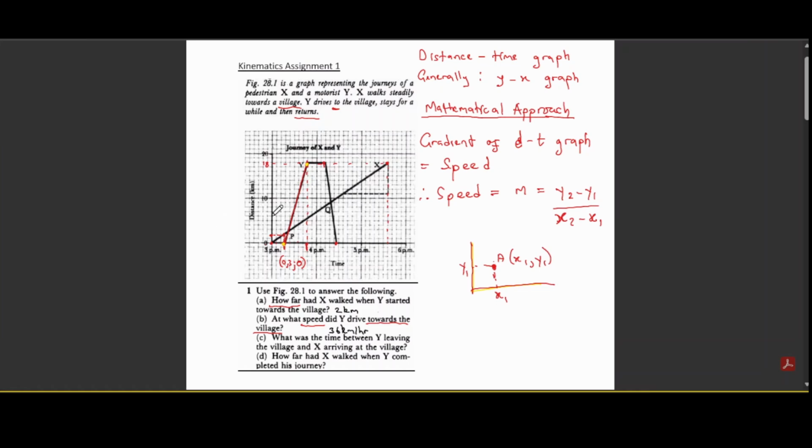So this point sits on the x axis. The x value is 0.3, because a small square represents 0.1 hours.